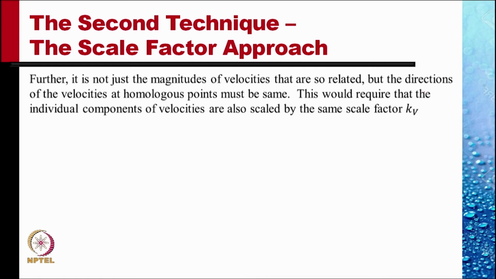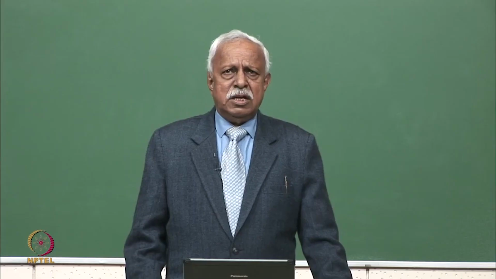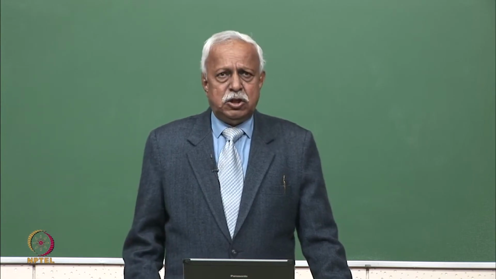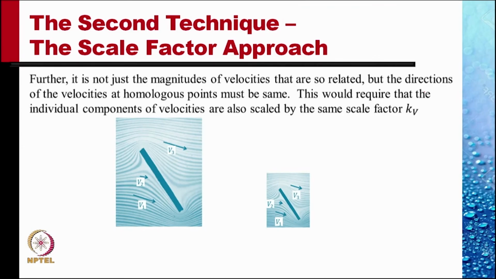Further, it is not just the magnitude of the velocities that are so related, but the direction of the velocities at the homologous point must be the same. This would require that the individual components of velocities are also scaled by the same scale factor Kv. In this picture, not only is the velocity V3 in the prototype related to the velocity V3 in the model at the homologous point, but also the directions of the velocity are exactly the same.